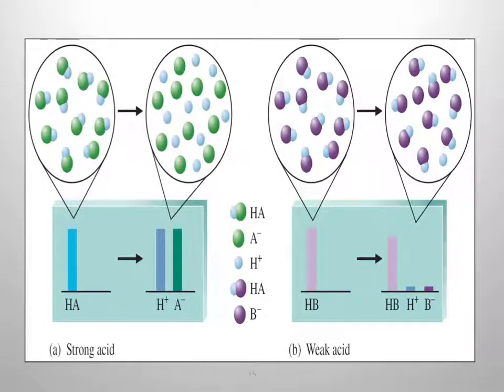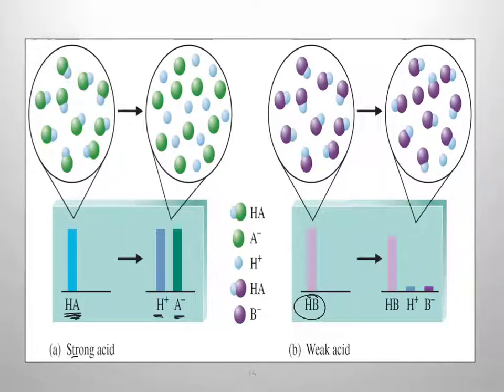So this image on the left shows just what I was saying with the concentrations, that if I have a strong acid, the concentration of the acid is equal to the concentration of all the ions when they dissociate. But if I have something that's a weak acid, when I put it into water, it actually establishes an equilibrium further to the left.